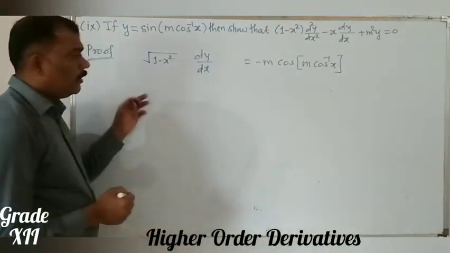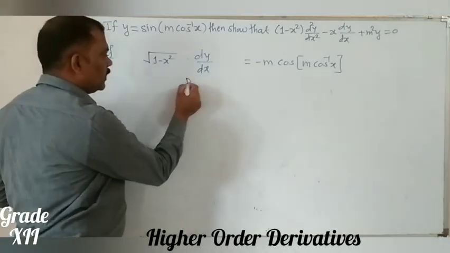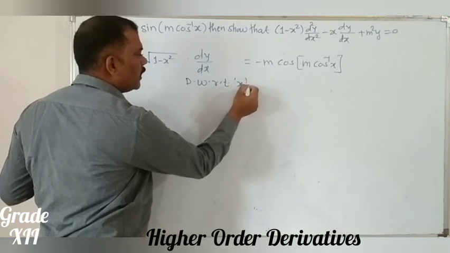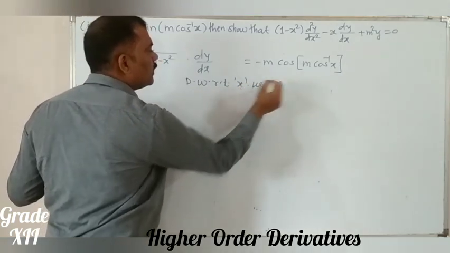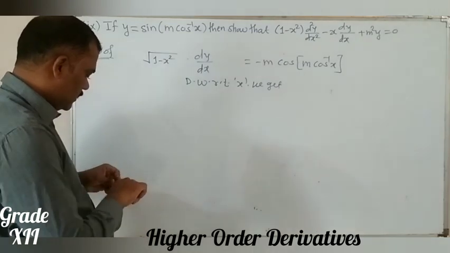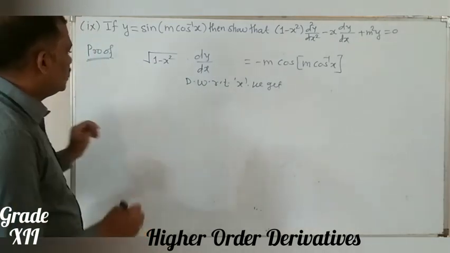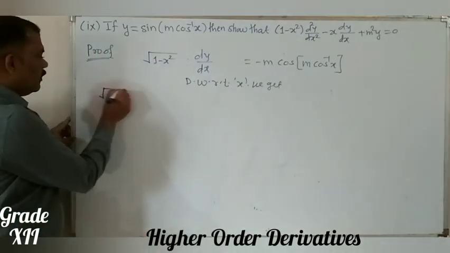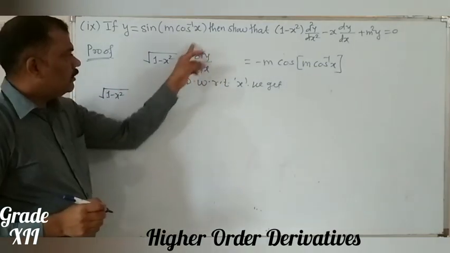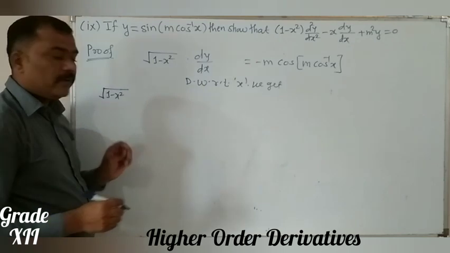Okay, now we differentiate this with respect to x. By using the product rule, see here: first function as it is, under square root of 1 minus x square as it is, into derivative of the second function. What is the derivative of dy by dx?